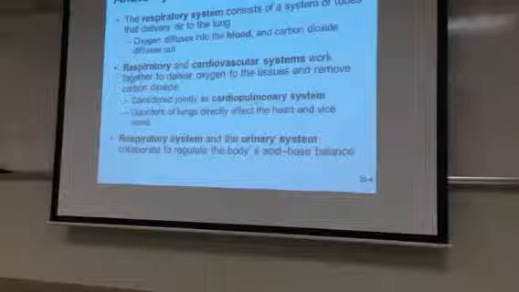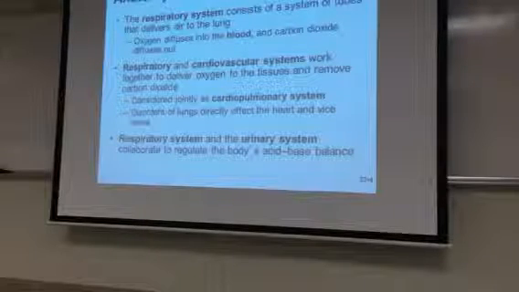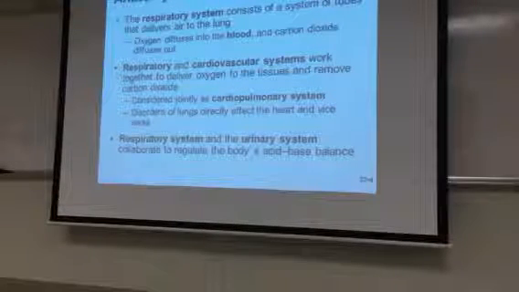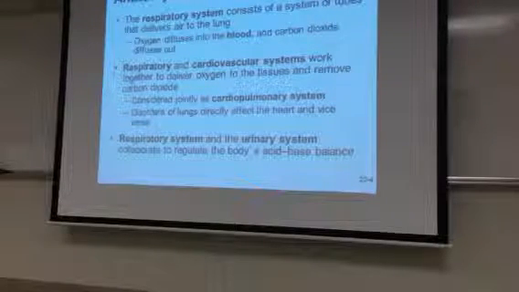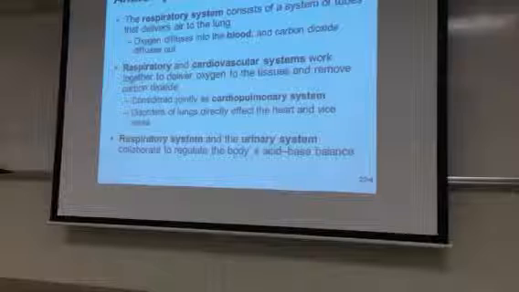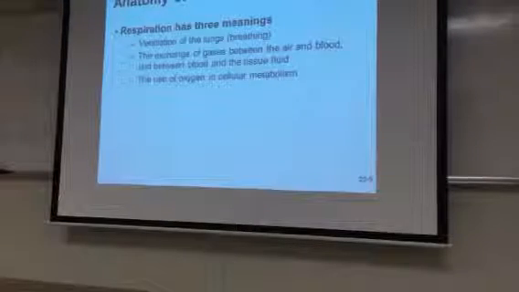This is known as the cardiopulmonary system, which means the heart and lung system. A disorder in the lung directly affects the heart, and any problem in the heart directly affects the lung. So it's vice versa. Okay, the respiratory system and urinary system collaborate to regulate body acid and base balance, but you'll see that more when you do 204 next week.